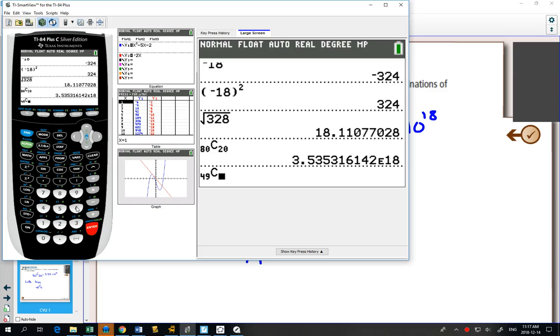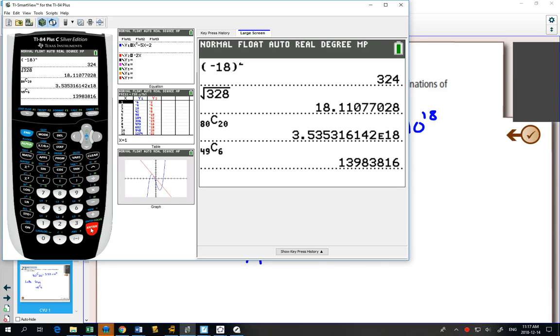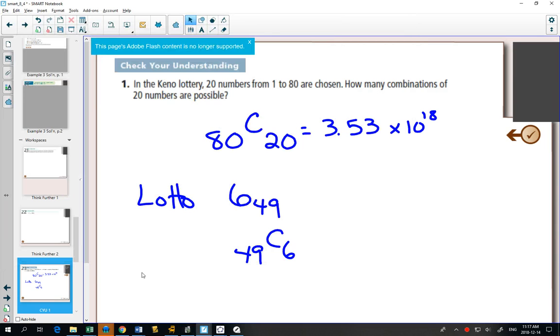Choose 6. 13,983,816. So if you went out and bought almost 14 million tickets, you would guarantee that you're going to win the lottery.